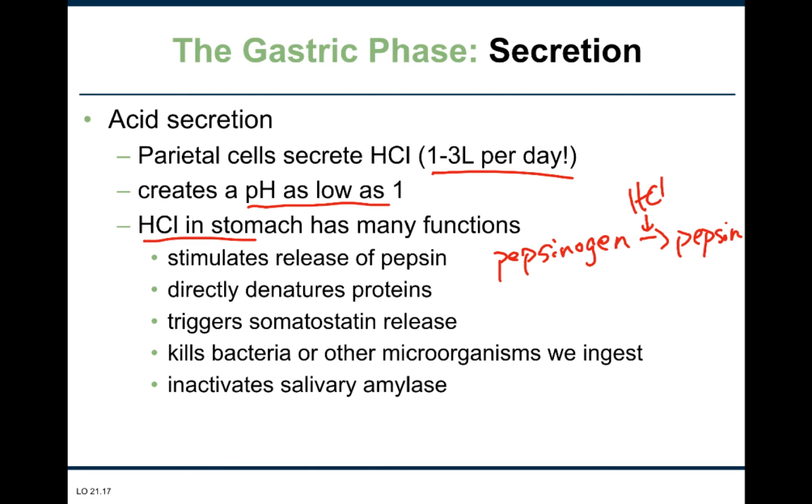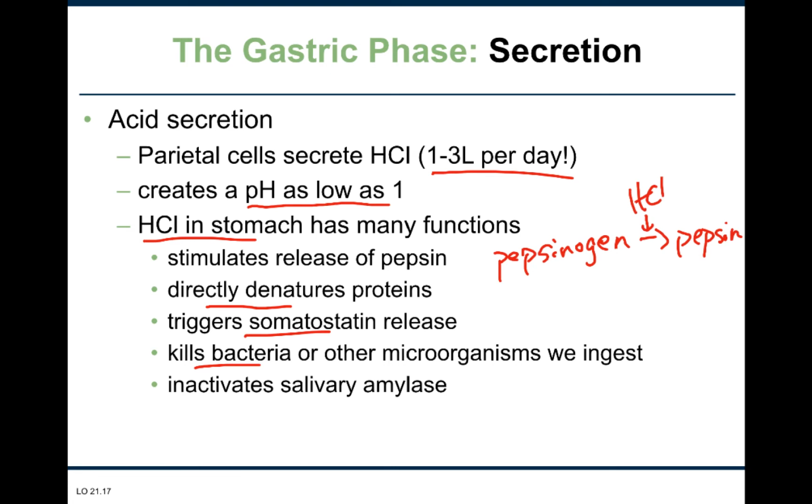In addition to breaking down proteins with pepsin, the acid will directly denature some of the proteins. Okay, so pepsin is working, acid is working, all on proteins. And when the acid builds up to a high enough level, it will trigger that inhibitory chemical somatostatin. Okay? And we've already covered how it can kill bacteria and other microorganisms.